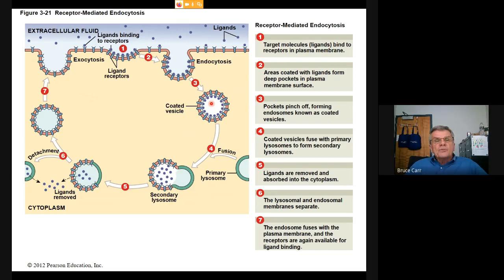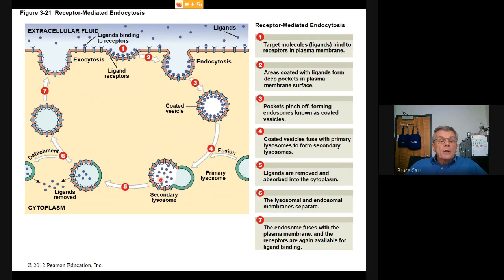So it really represents a capture and packaging technique, this endocytosis, or cell eating. And here's the coated vesicle. Now, many things can happen to coated vesicles. What's happening in this one is a lysosome with release enzymes and digestion enzymes fuses with it.